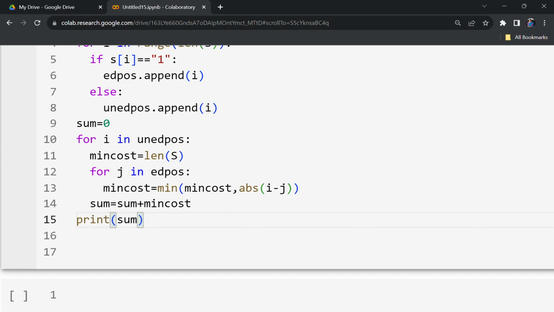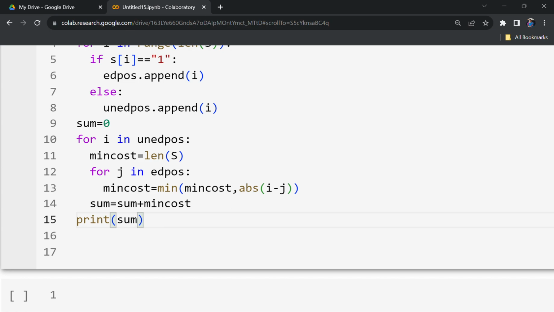Then for every uneducated person, we have to find the nearby educated person, and that nearby educated person is the best option. So for that reason, at first I am assuming the nearby educated person's distance is equal to length of s. I am assuming min cost to maximum value, and then for j in ed position, min cost equal to min of min cost comma absolute value of I minus j.